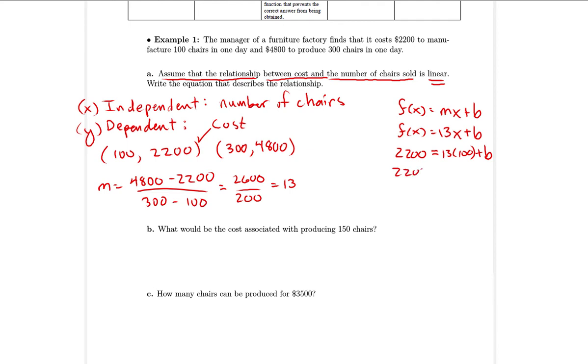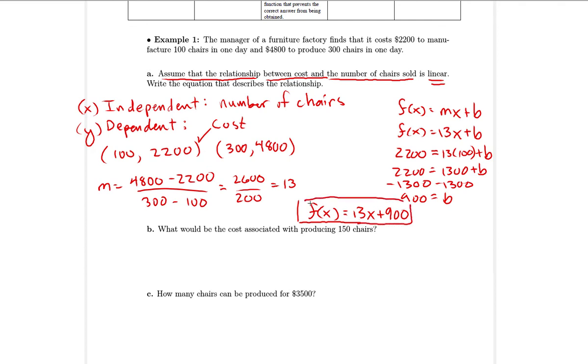So 2,200 equals 1,300 plus b. So we end up with 900 equals b. And so our solution here is f of x equals 13x plus 900, where x is the number of chairs, and the function gives us the cost.